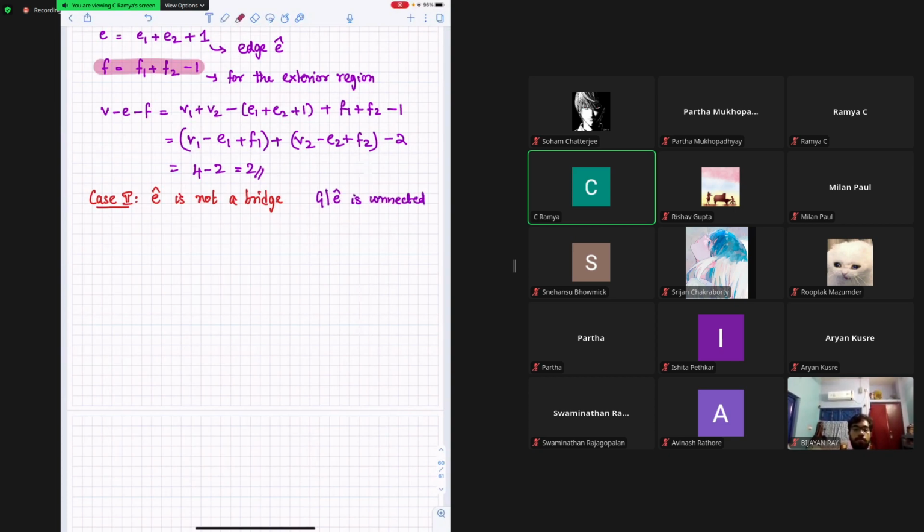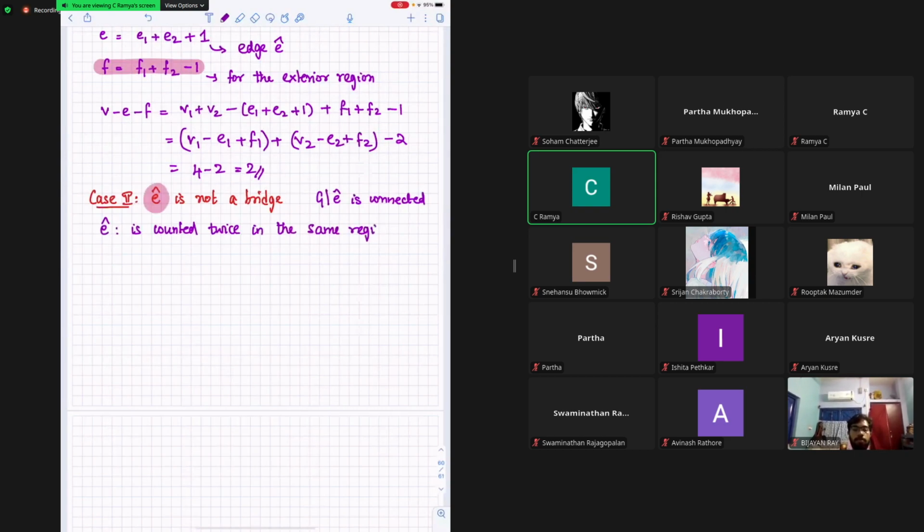Let's look at this edge E tilde. Any edge in a planar graph is either counted twice in the same region, or it is on the boundary of two regions, so it will be counted once in this region and once in the other region. So it is counted twice in the same region.